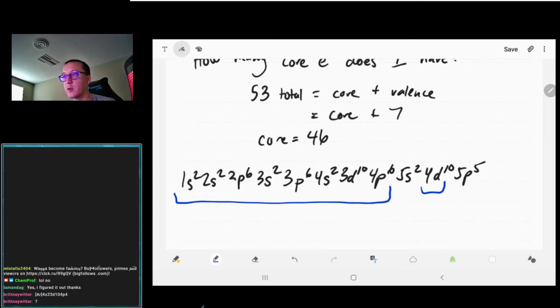Don't forget those 4d electrons are part of the core. If you had infinite time for some reason, you could technically add up all these numbers and you should get 46 also, but that takes more time. I would avoid doing the electron configuration if you don't need to. This way, I think, would be the way to go for this sort of problem.